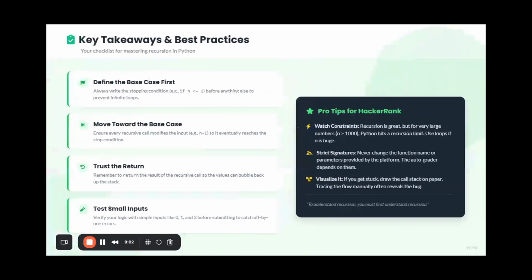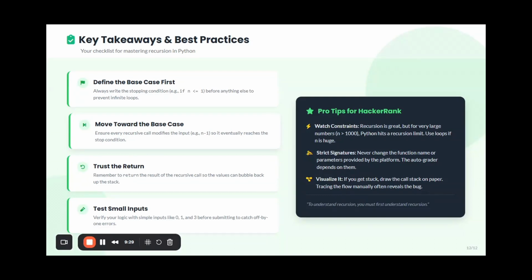Platform pitfall, recursive case. What happens in the base case? And trust the return. Remember to return the result of the recursive call so that values can build back up the stack. And test the small inputs first.